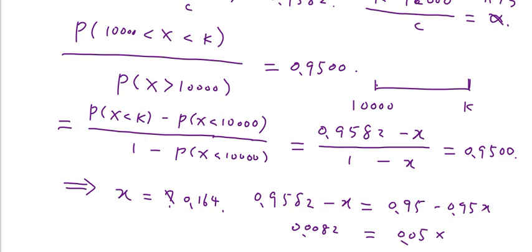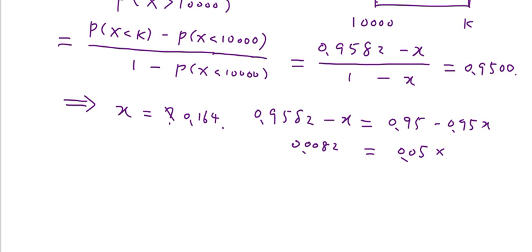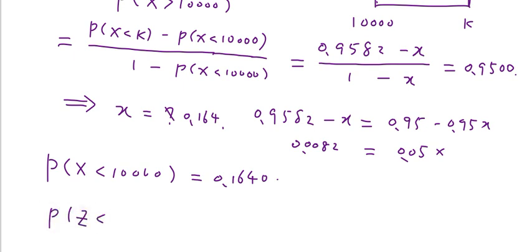Okay, suppose x equals this, then we find P(X < this) equals this. Then changing to standard normal, this becomes Z less than.